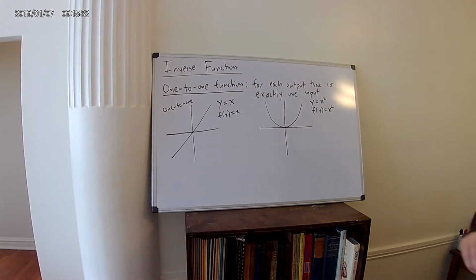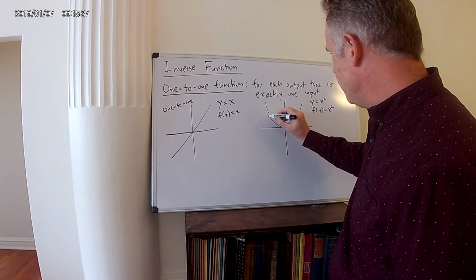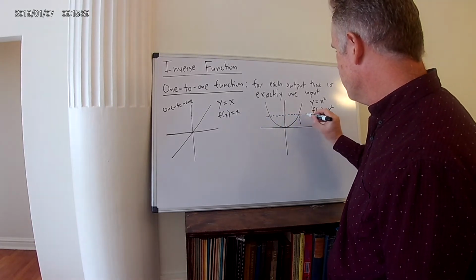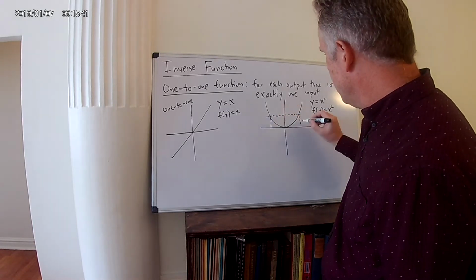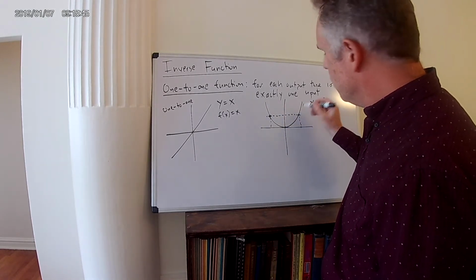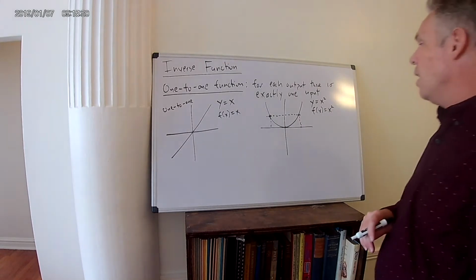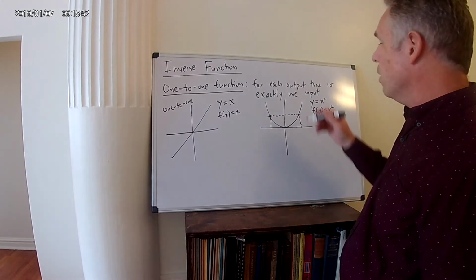This is not a one-to-one function because if you choose some output, let's choose this output, this output has two inputs. It could be some value, how about y equals 4?